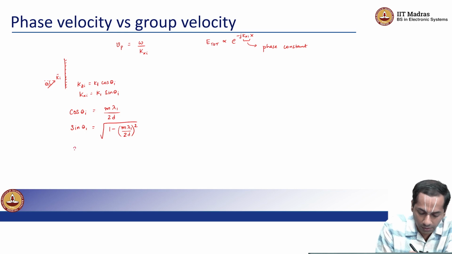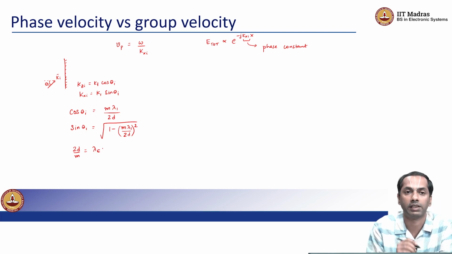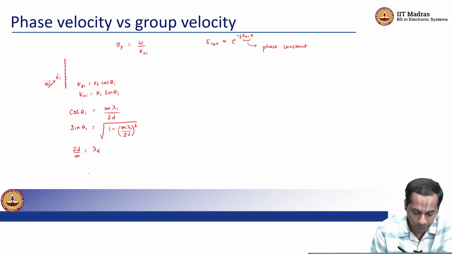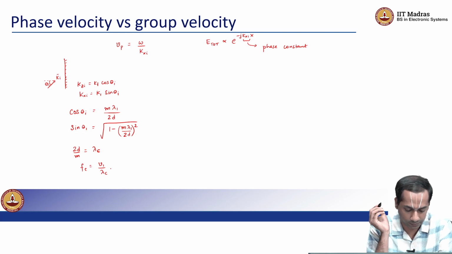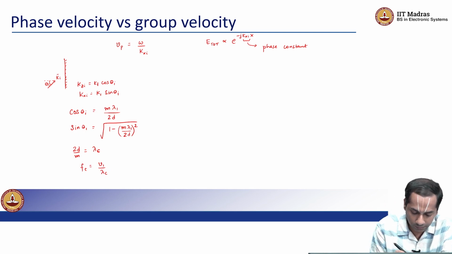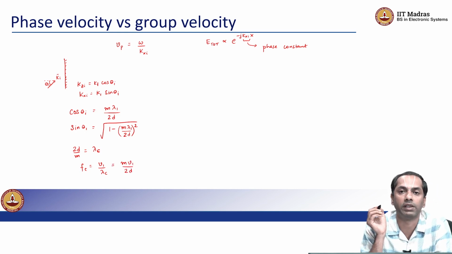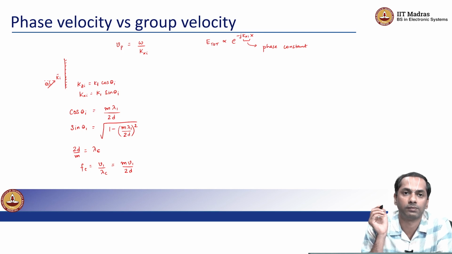Also, let's remember that 2d by m is lambda cutoff, lambda c, and fc is essentially v1 by lambda c. So these are all expressions that we got prior.